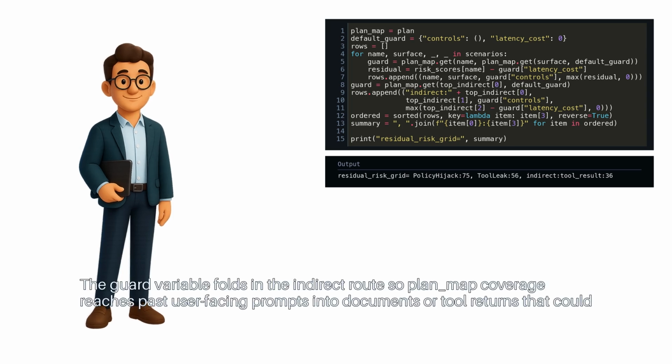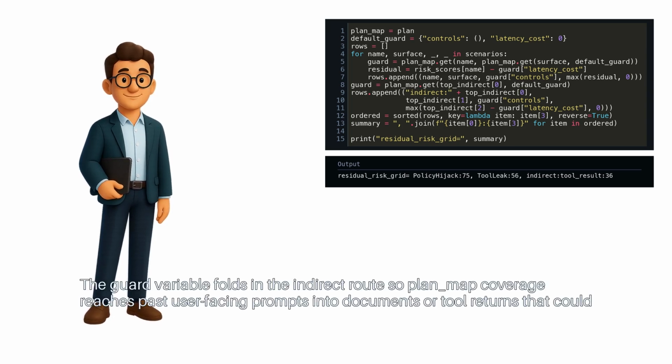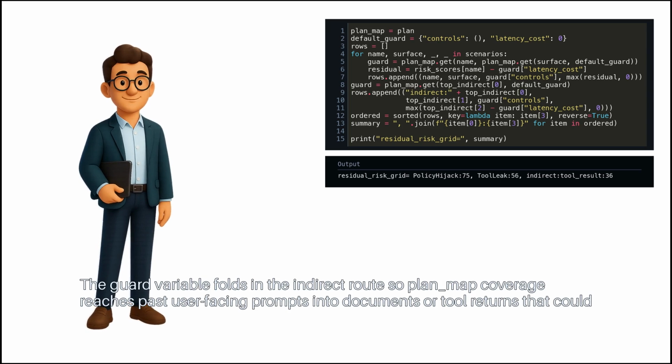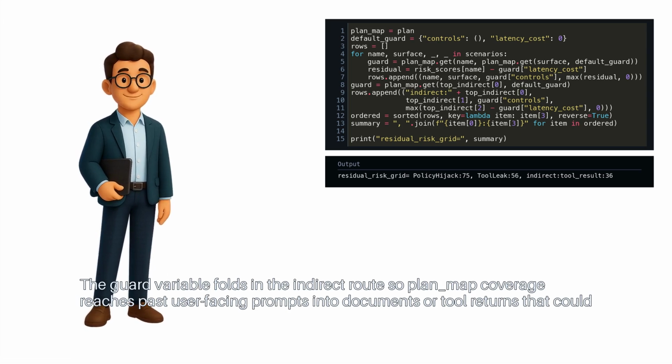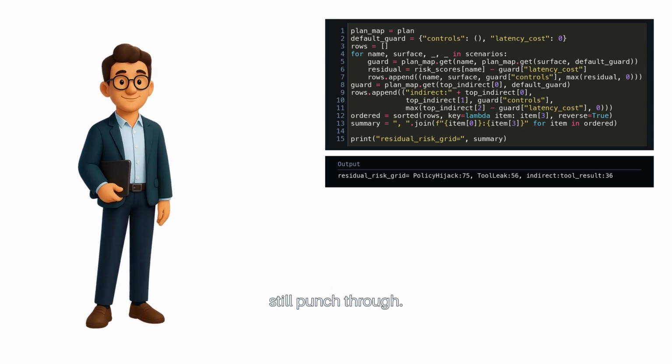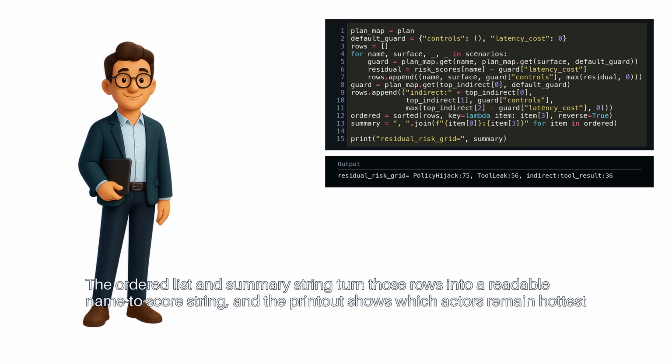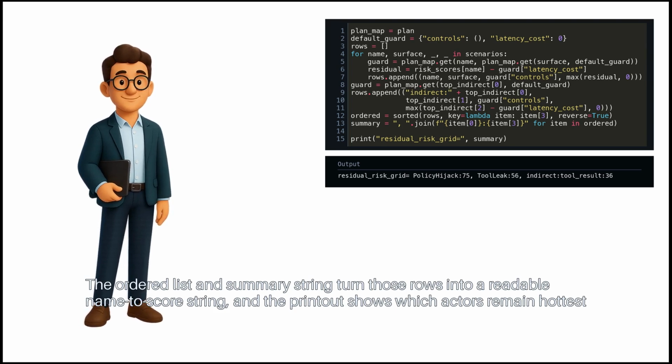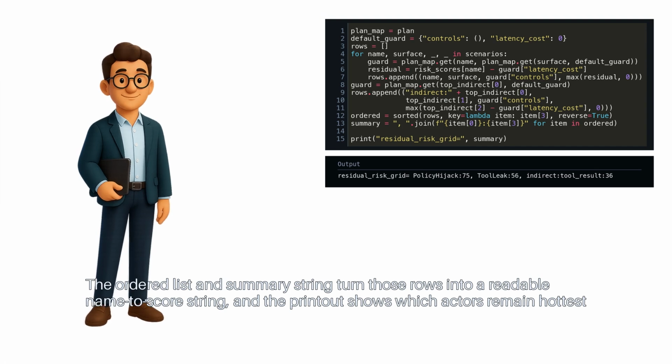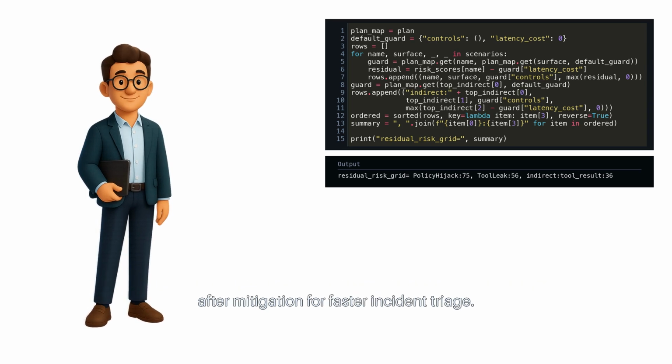The guard variable folds in the indirect route, so plan map coverage reaches past user-facing prompts into documents or tool returns that could still punch through. The ordered list and summary string turn those rows into a readable name-to-score string, and the printout shows which actors remain hottest after mitigation for faster incident triage.